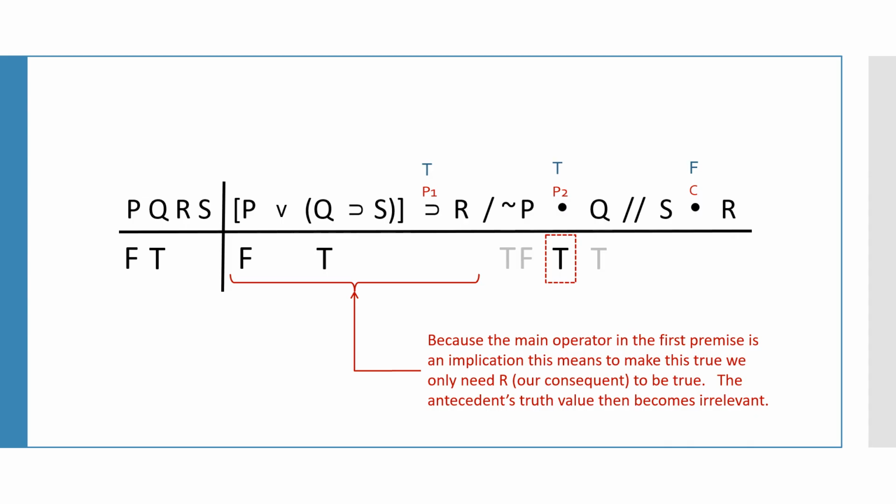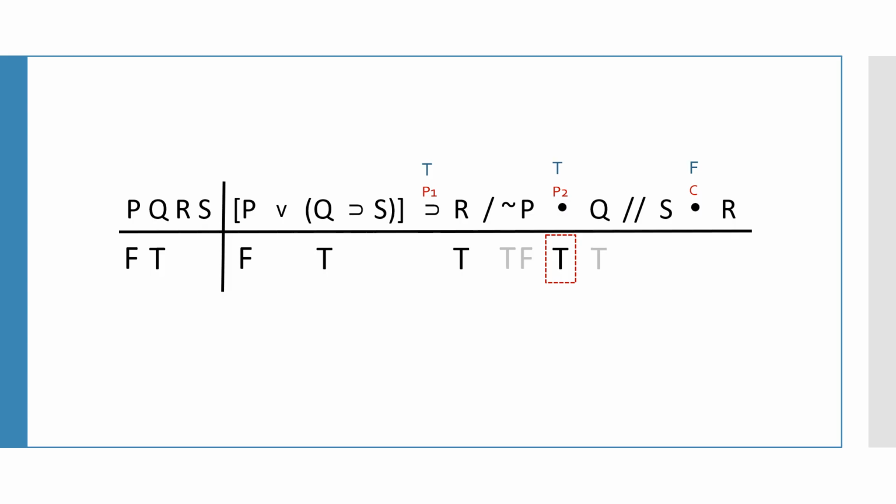Because the only time a conditional statement is false is if the antecedent is true and the consequent is false. So by simply assigning the truth value true to the letter R, we know that we can make premise 1 true. So we can just set it in there, and then we have to worry about S still.